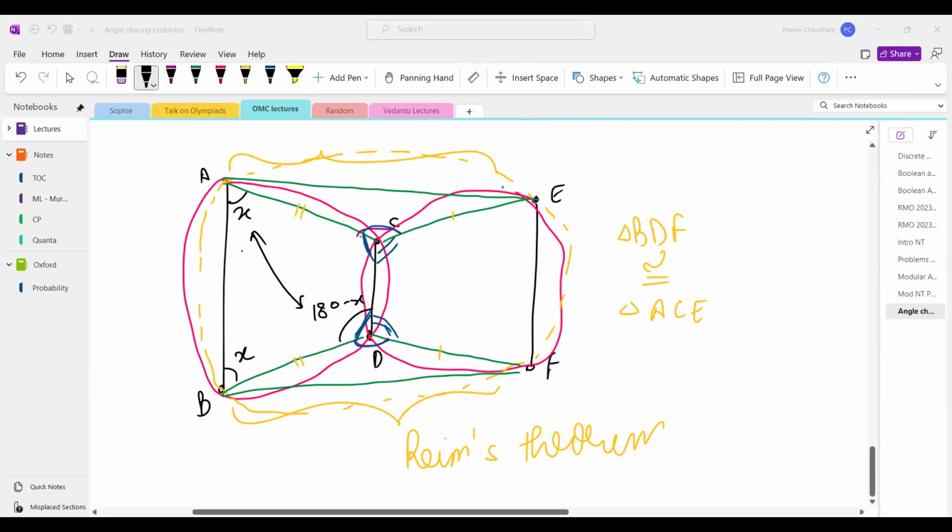Bhaiya, can we use somehow that the three lines are parallel, so they meet at a point at infinity, and use the radical axis? Can we prove it that way? Yes, I think that proof should work. Probably.